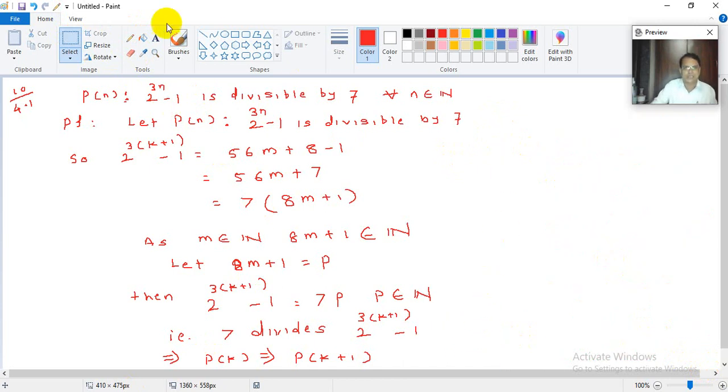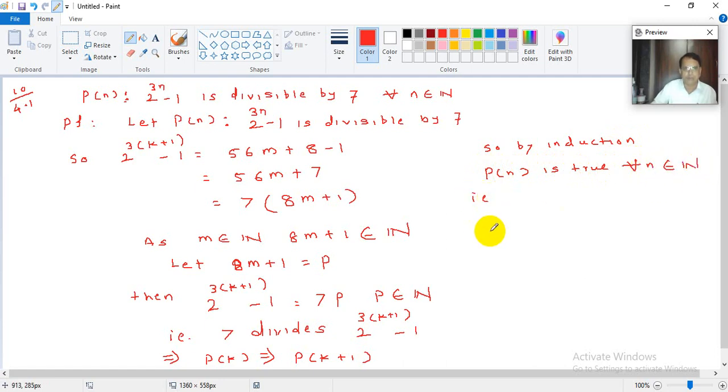So by induction method, Pn is true for all n belonging to capital N. That is, 2 raised to 3n minus 1 is divisible by 7. So proved.